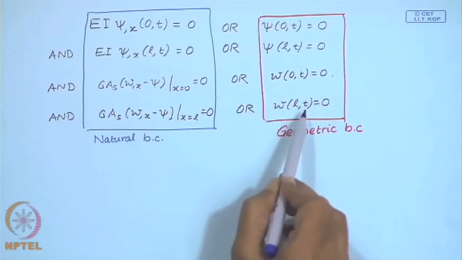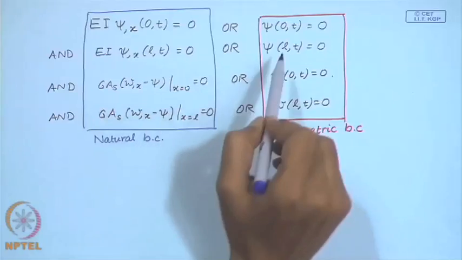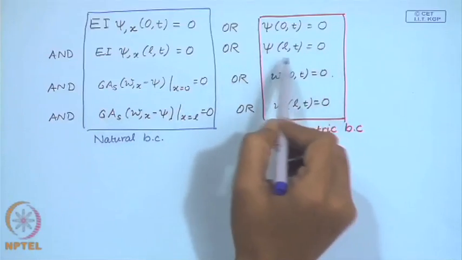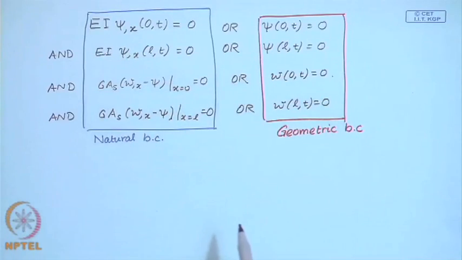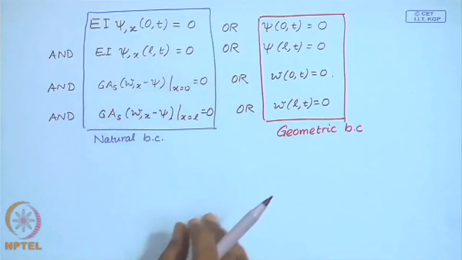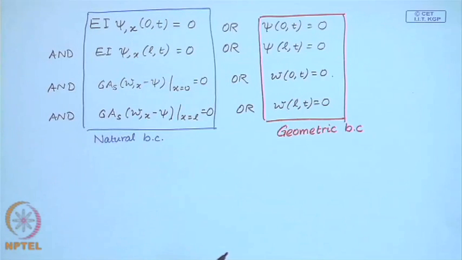So, the deflection is the conjugate of the shear force. Similarly, this angle, the rotation angle, is conjugate of the bending moment. So, they come in OR, and so these are the possible boundary conditions we have.